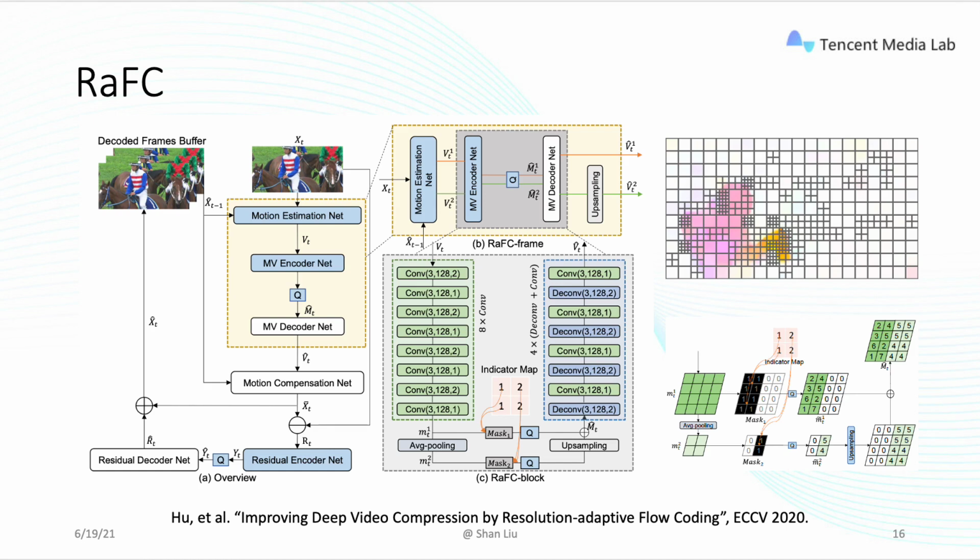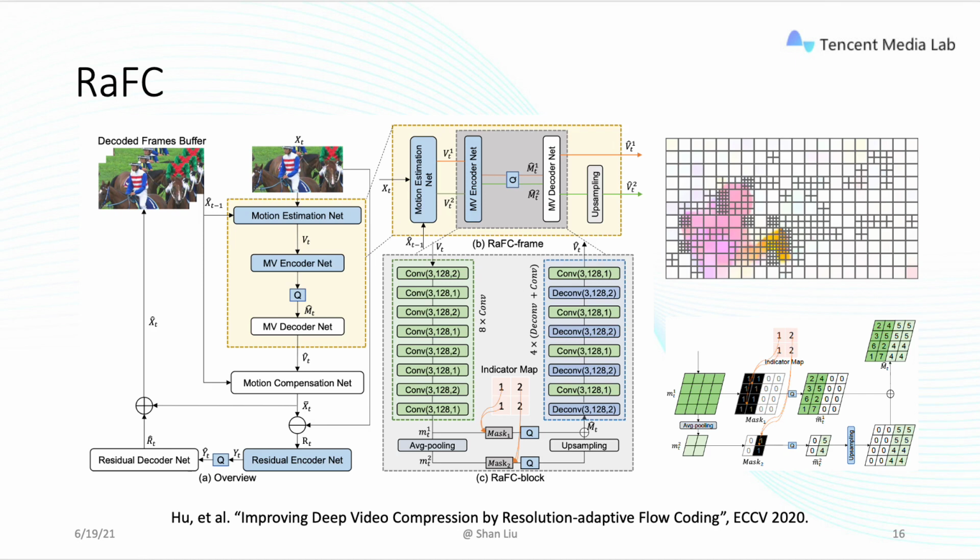On a high level, this work shares the spirit of block adaptive motion compensation in conventional video compression. And the figure on the top right visualizes the reconstructed optical flow map of one frame picture and the selected motion or flow resolution block by block using the proposed RaFC block method.